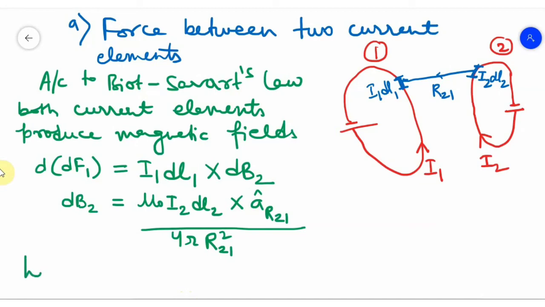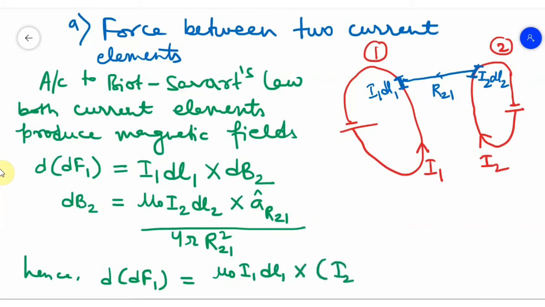Hence the dF1 can be written as mu 0 I1 dl1 cross I2 dl2 cross aR21, okay, and upon 4 pi R21 square.